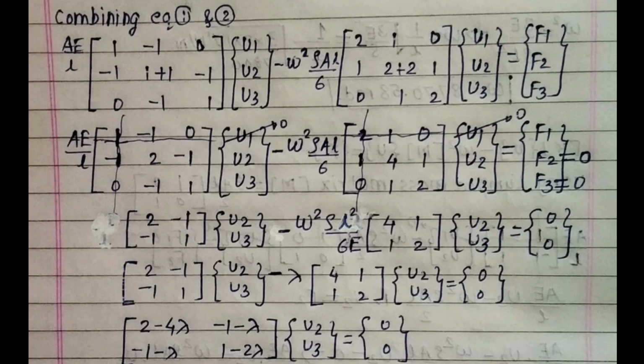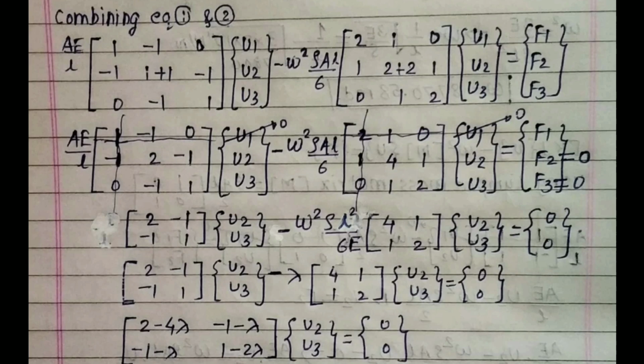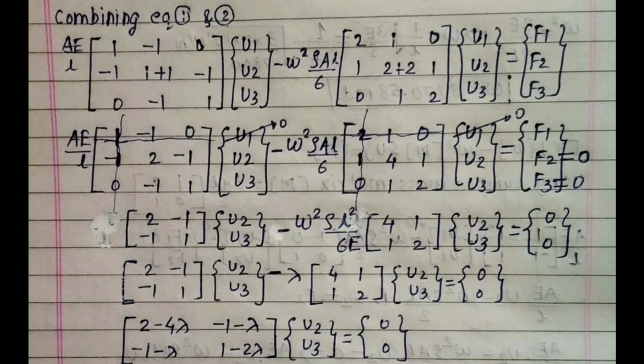Now I will divide this entire equation by AE by L. So I will get the matrix 2 minus 1 minus 1 1 into U2 U3, minus omega square L square by 6E into the matrix 4 1 1 2 into U2 U3, is equal to 0 0.